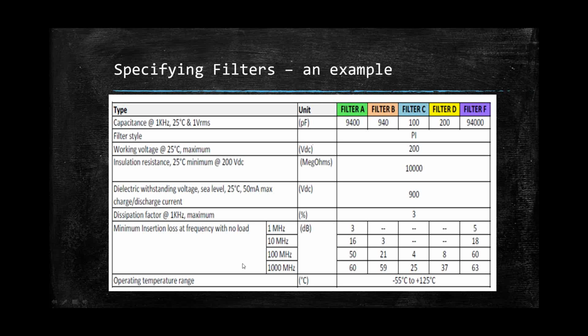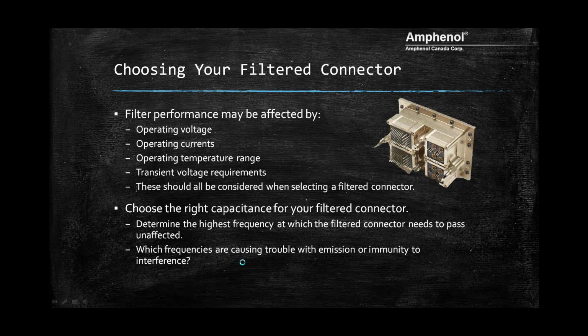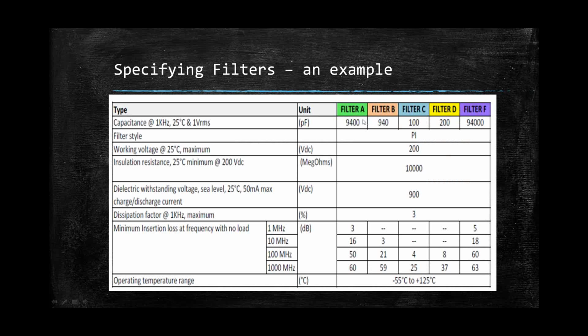Choosing your filtered connector. So again, for the previous slide, you pick your operating voltage, you pick your operating currents, you pick your temperature range, and if the capacitors are to be operating within the capacitive limits within that temperature range or not. If we go back to this slide here, you can see that the capacitance, this is taken at room temperature, and that will come with normally a plus or minus 20% tolerance on it.